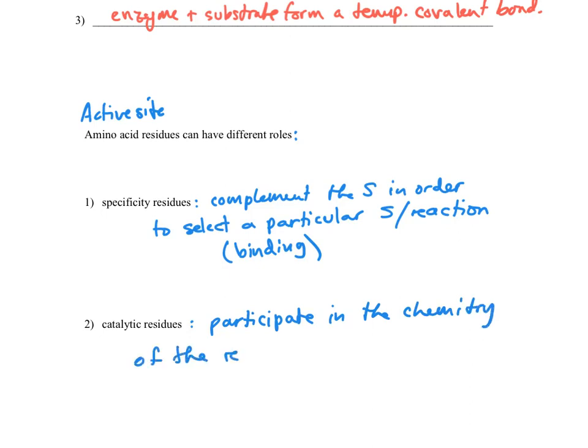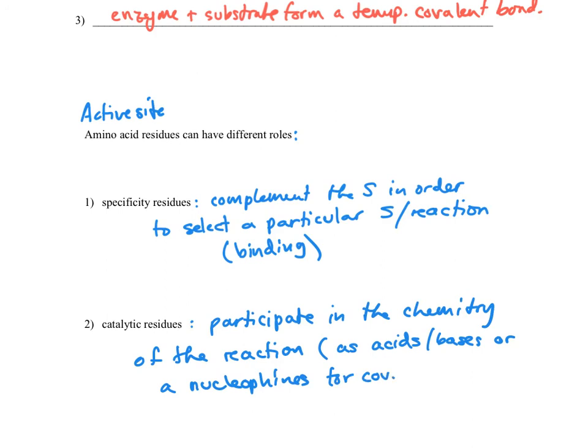And I'll just make a note as a nod to above, as acids and bases, for instance, or as nucleophiles for covalent catalysis, things like that. Okay, so that gets to the heart of the dual nature of enzymes. We have to bind, and then we have to do chemistry. The first is specificity, does it fit? The second is catalysis, how do we break that bond?